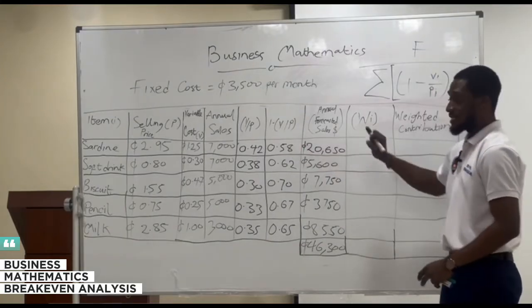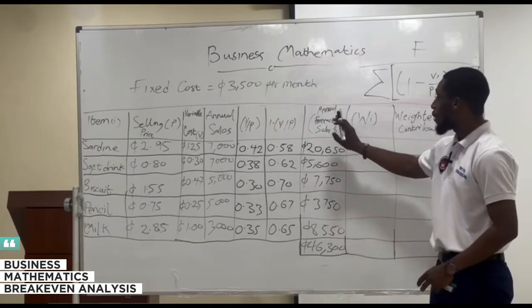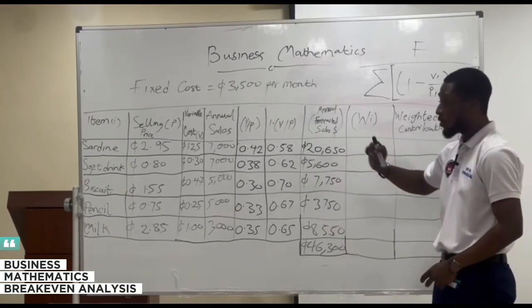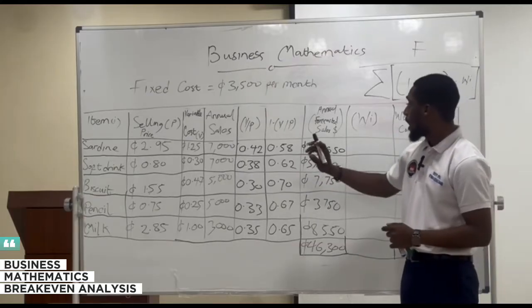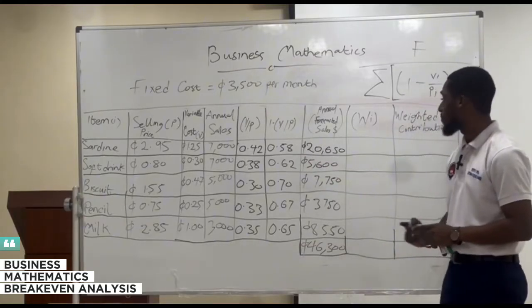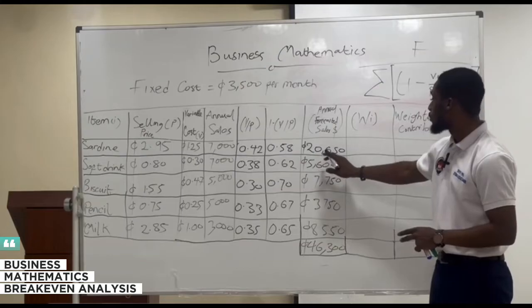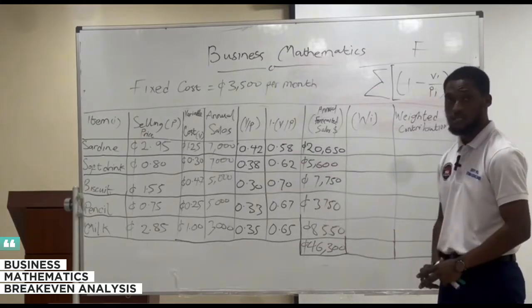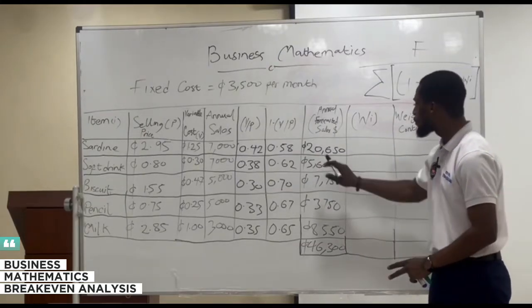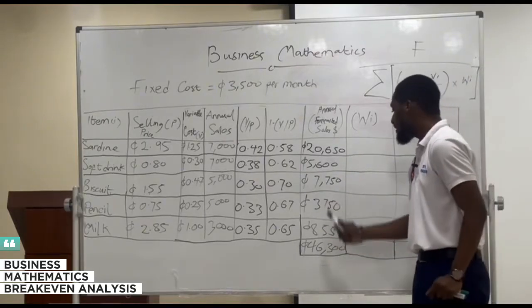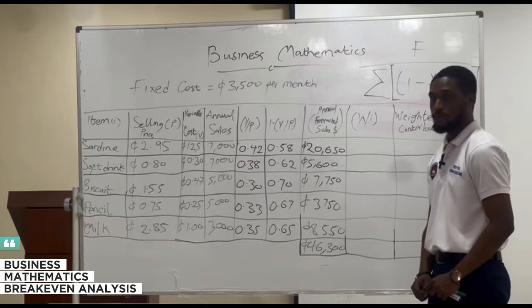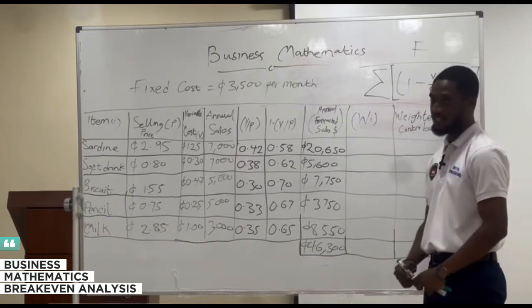You take the annual forecasted sale of each of the items. So starting with sardine, the annual forecasted sale of sardine is 20,650. When you take the 20,650, you divide it by 46,300 to get your WI.